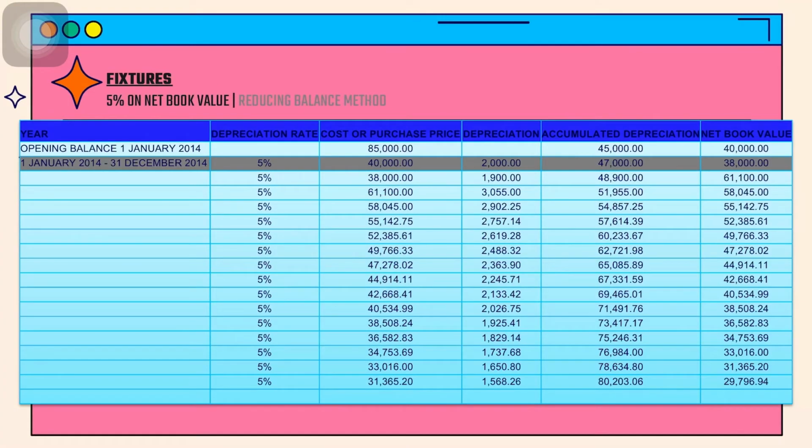Next, for the fixtures, the depreciation rate is 5% on net book value. It means we use the reducing balance method, same as the machinery. First, 5% times the previous net book value which is 40,000, and you will get 2,000 for depreciation, and so on.